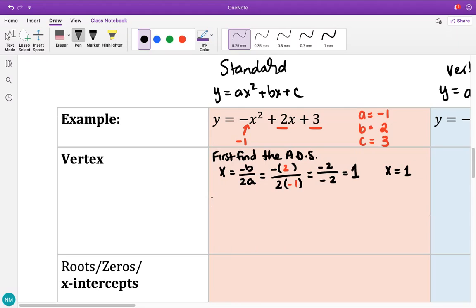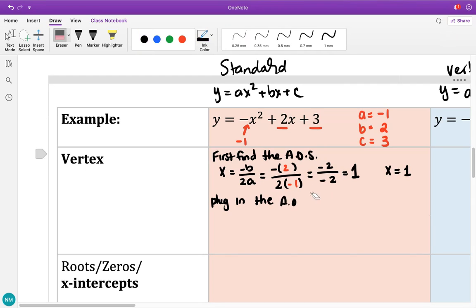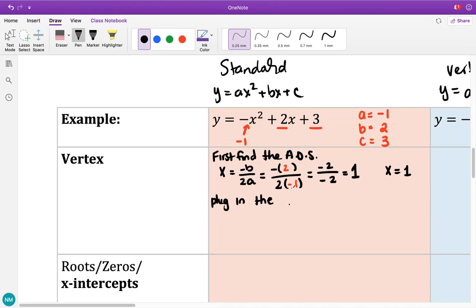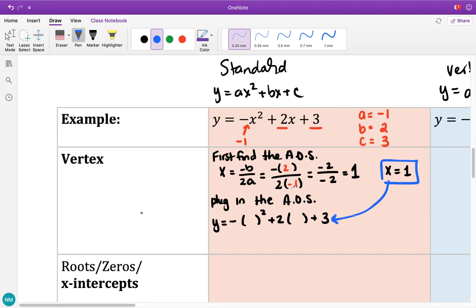But then we need to plug in the axis of symmetry into this function. So I have y equals negative x squared plus 2x plus 3, and I plug in 1.